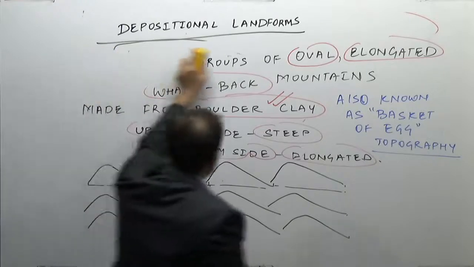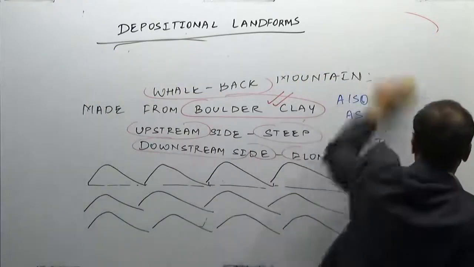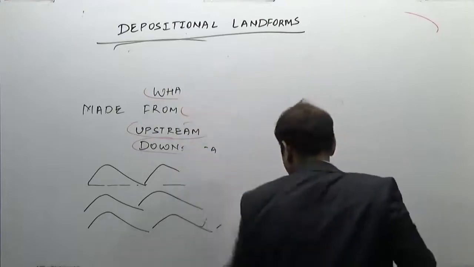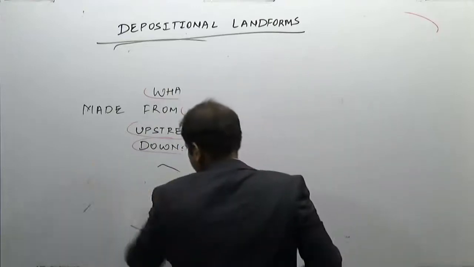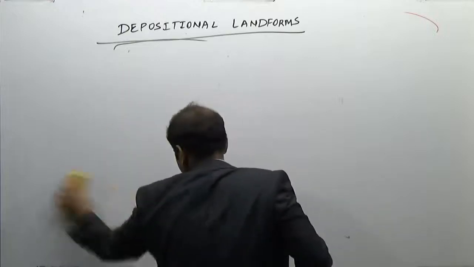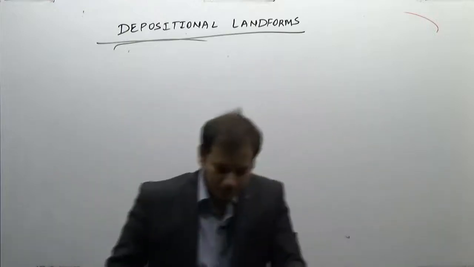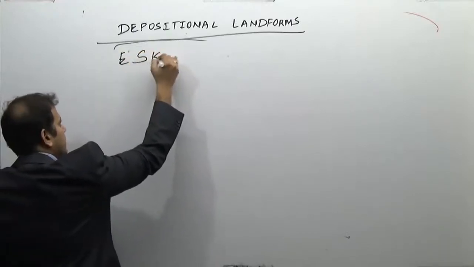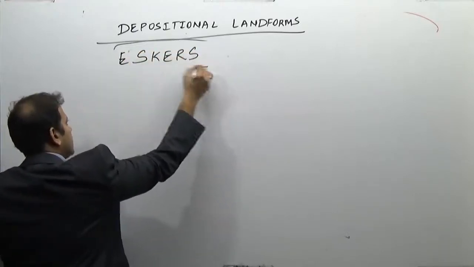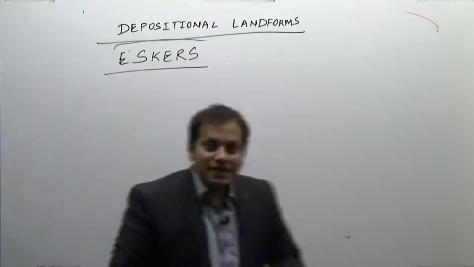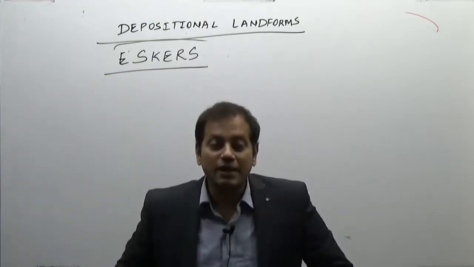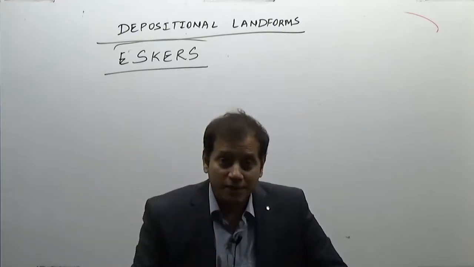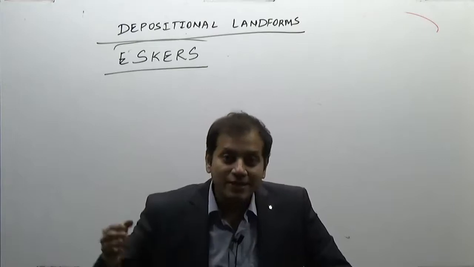Now the next kind of landforms are known as eskers. See, when the glacier starts melting, the ice will obviously be converted into water, and the water then flows.